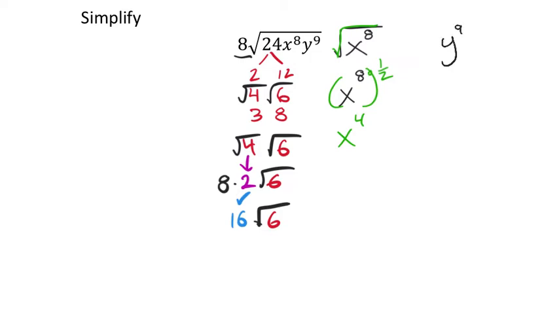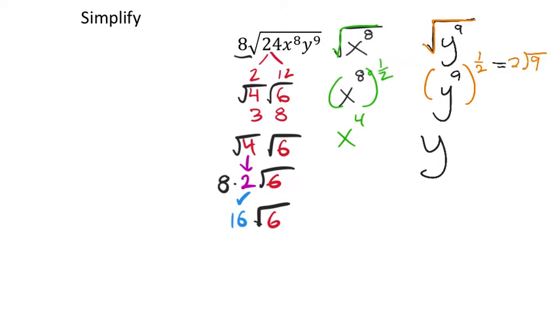Again, we're looking for the square root of y to the power of 9. So again, we look at this as y to the power of 9, but that square root right there makes it to the power of 1/2. Now, I'm going to show this a little different because that last way that I did it by splitting it up into different exponents like 2/2, you guys hated it, and that's okay. But what I'm going to do now is you can use long division on this. So you can say it's y to the power of, again, I would look at this as 9 divided by 2, long division.